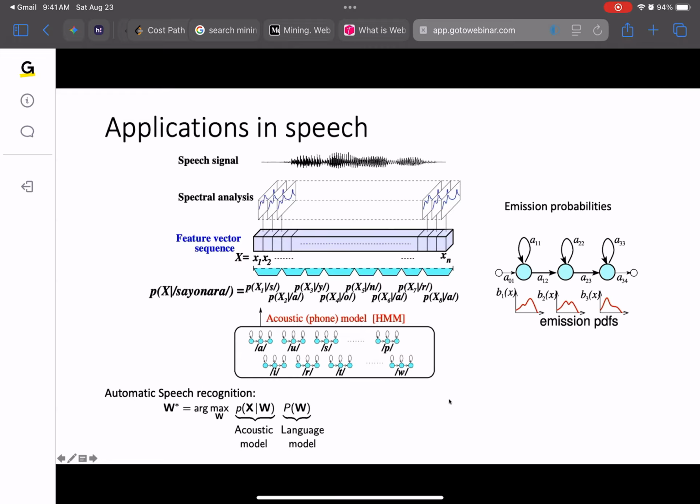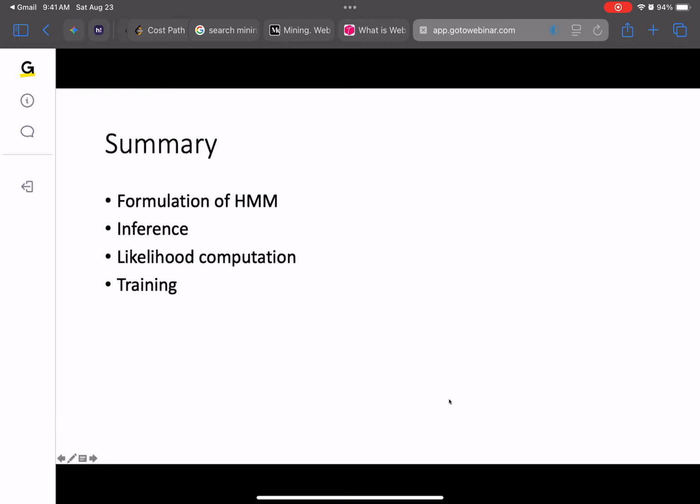That's about speech applications. Let's recap what we discussed so far. First, we considered a simple POS problem, and we formulated it as a sequence learning problem and modeled it using HMM. And then we discussed the inference problem. In the inference problem, we defined delta parameters, and using dynamic programming, which is also known as the Viterbi algorithm, we performed inference efficiently.